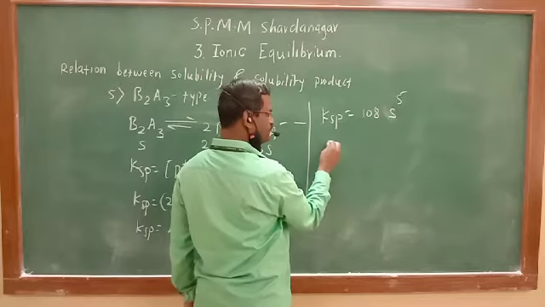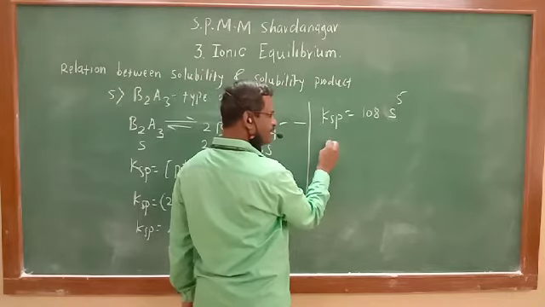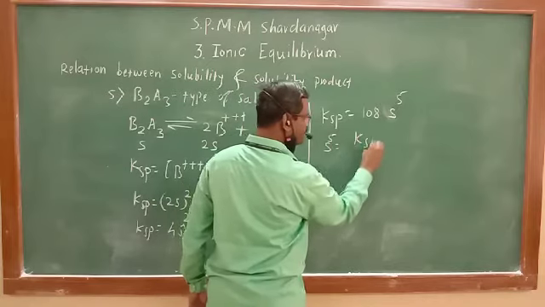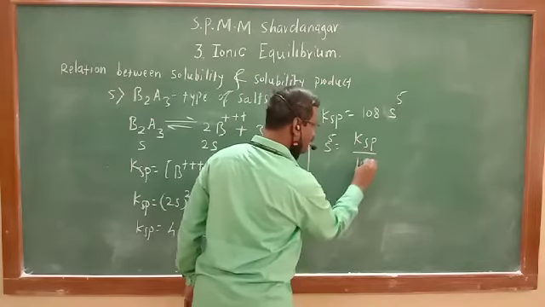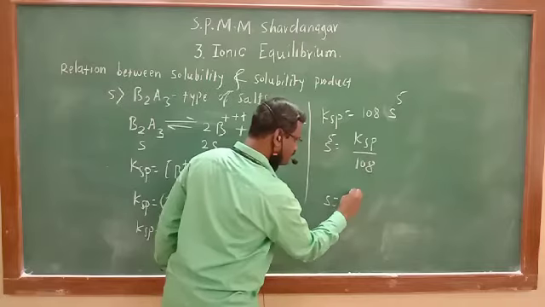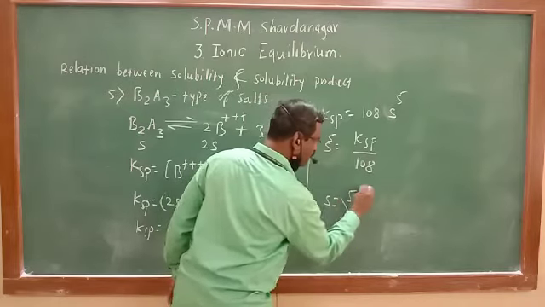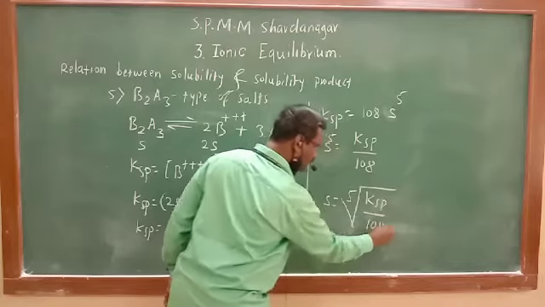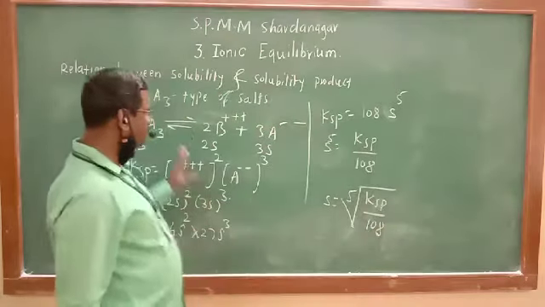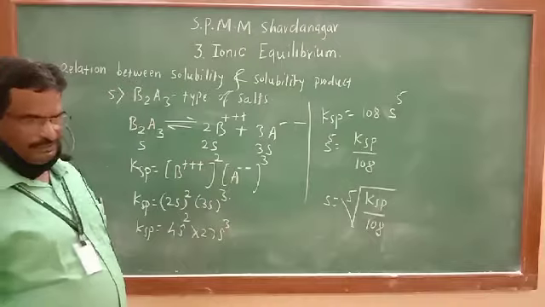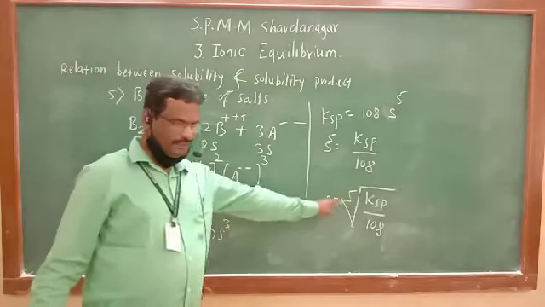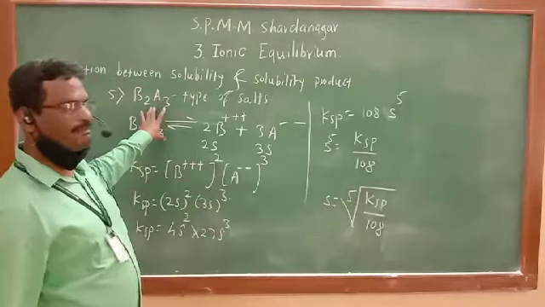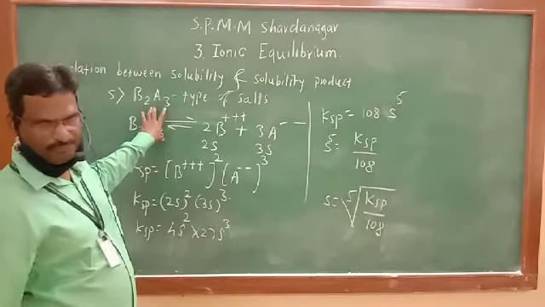Therefore, from this equation, s raised to 5 will be equal to Ksp upon 108, or s is equal to the 5th root of Ksp upon 108. This is how the relation between solubility and solubility product of the last type of salts can be derived.